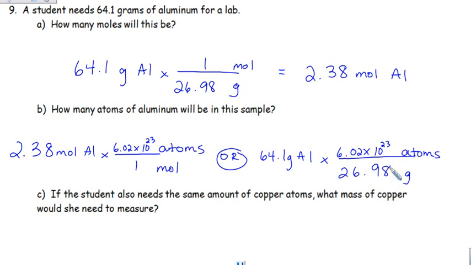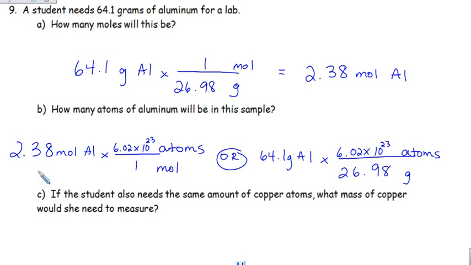Do you kind of see how these would be comparable? In part A, I divided by the molar mass. This 64 divided by 26.98, that gives me the 2.38 moles, which then I would multiply by Avogadro's number, 6.02 times 10 to the 23rd, and that gives me atoms in the sample.